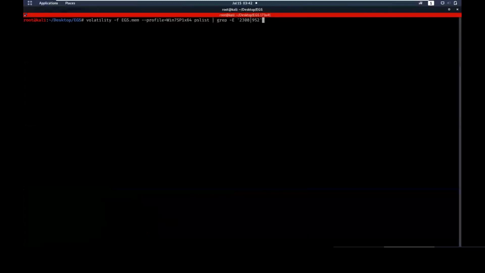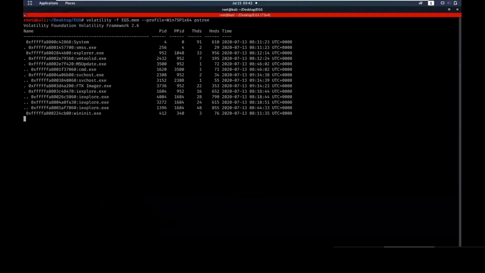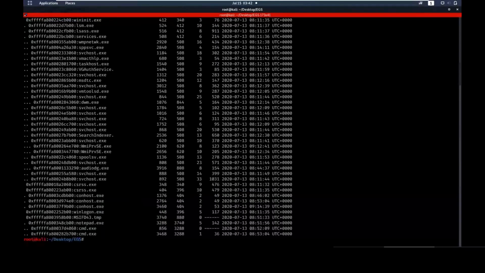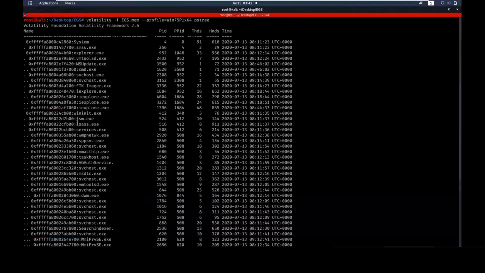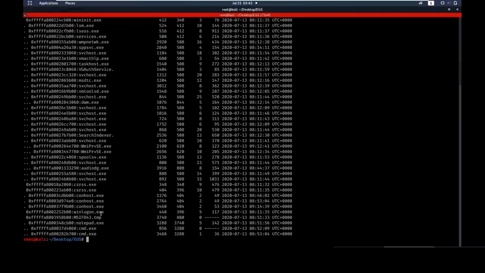I'm going to use another amazing command, pstree. Pstree gives me the hierarchy of the processes. No dot means the parent, one dot means a single level of child, and two dots mean a third level child. If I come here, you can see, here we go, we have more interesting information.